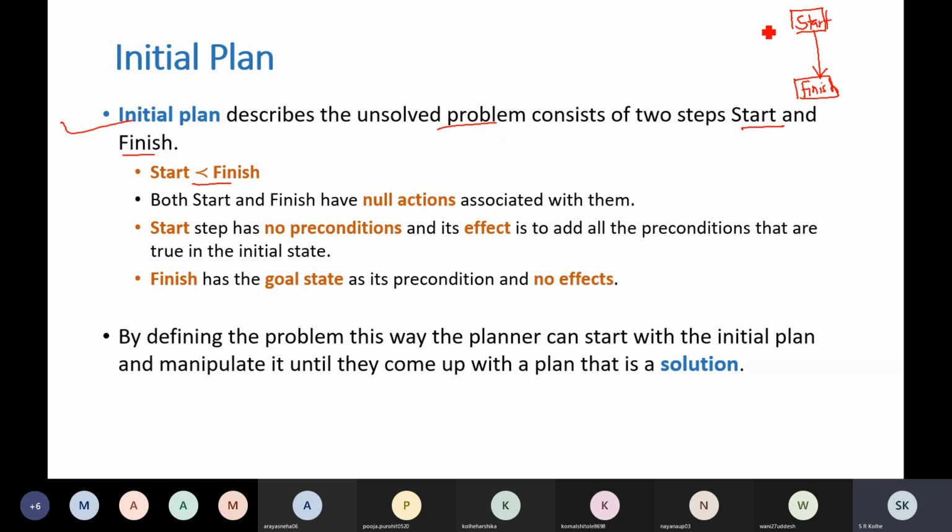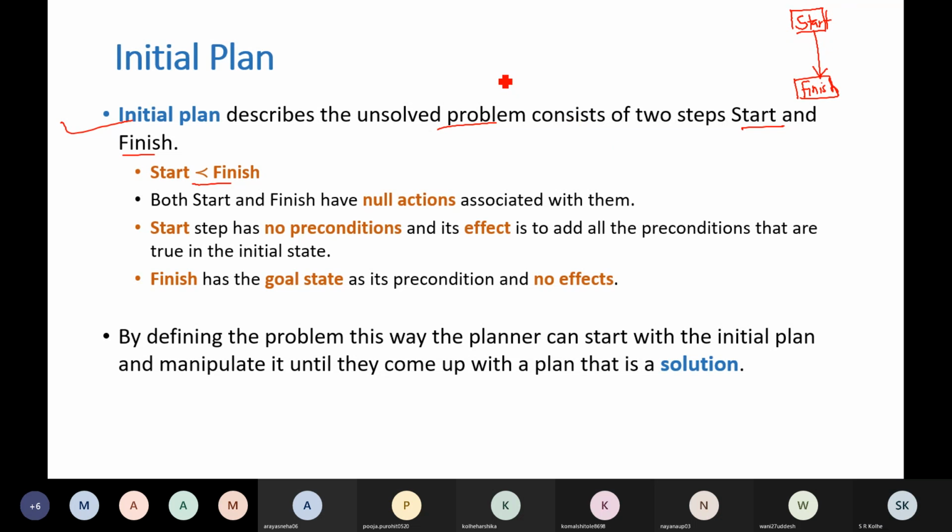Start has no preconditions, and its effect is to add all the preconditions that are true. Start is not associated with an action.